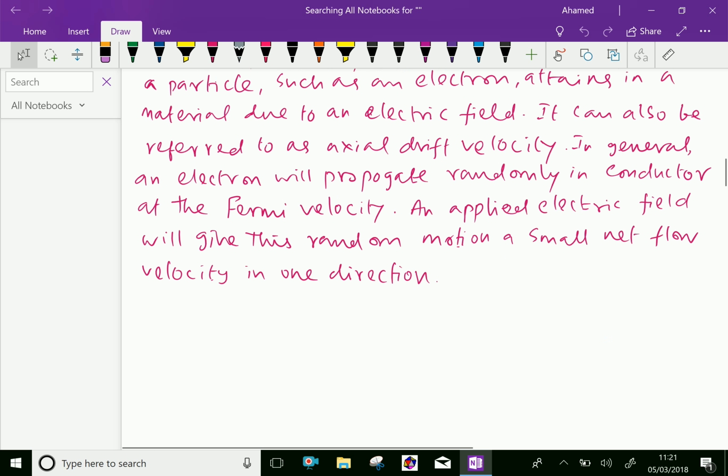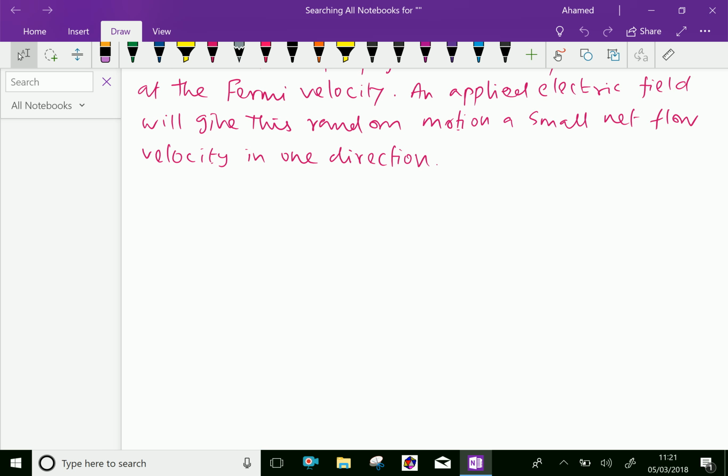Let us understand this first by using some figure here. Suppose this is a conductor, positive or negative side.